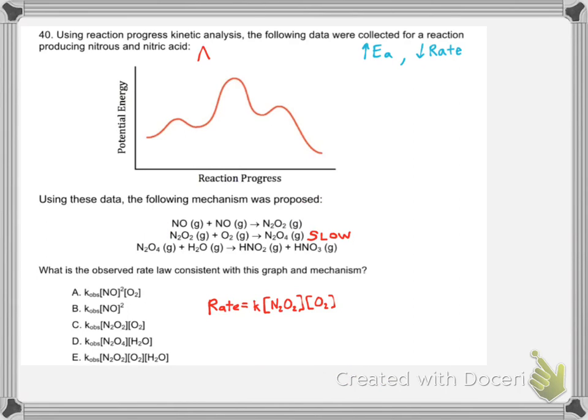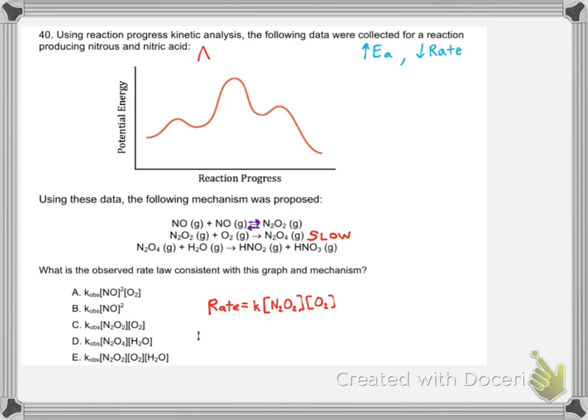So while the second step is going really slow, remember the first step has a chance to reach equilibrium. So why is that significant that this reaches equilibrium? Well, at equilibrium, the forward rate and the reverse rate are equal to each other. So we're going to use that fact and then do a little substitution. So I'm going to write out the rate law for the forward first step.